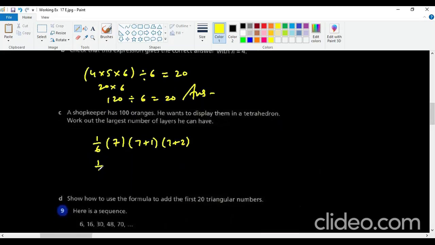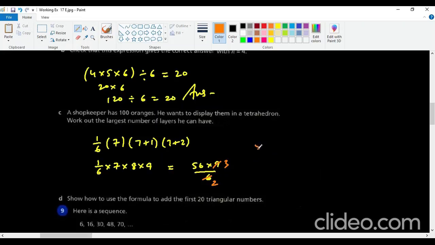1 over 6 times 7 times 8 times 9. So this gives us 7 times 8 is 56, times 9 divided by 6. And if I further reduce this, 3 times 2 is 6, 3 times 3 is 9.